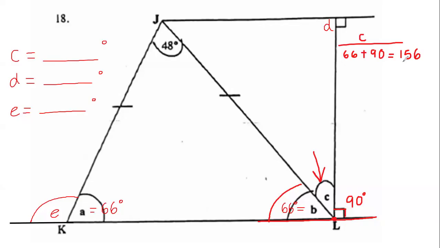So we add them together. Then we say 180 degrees minus 156 is going to be equal to 24 degrees. So, Mr. Petit, why didn't we use the next 66?